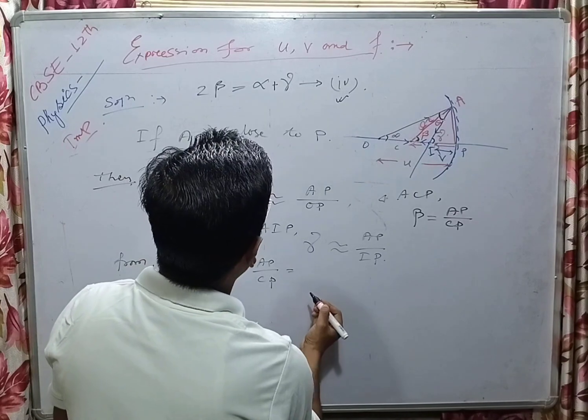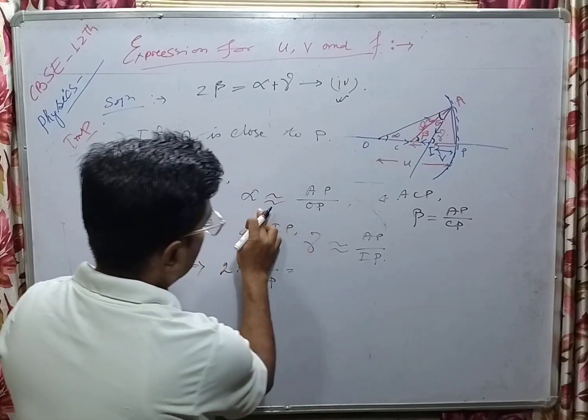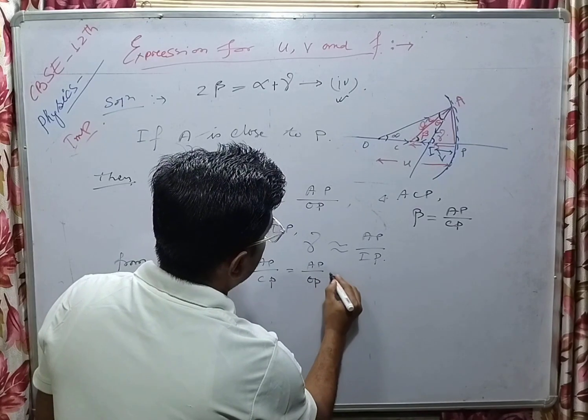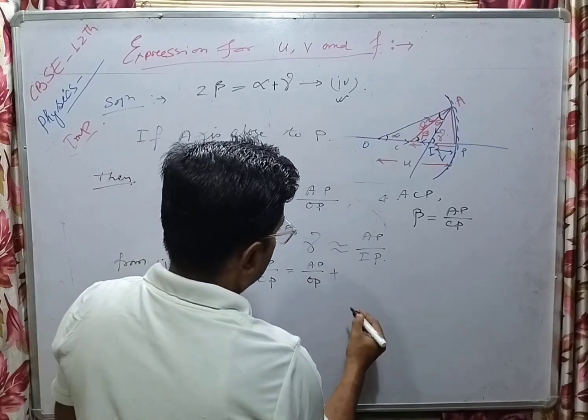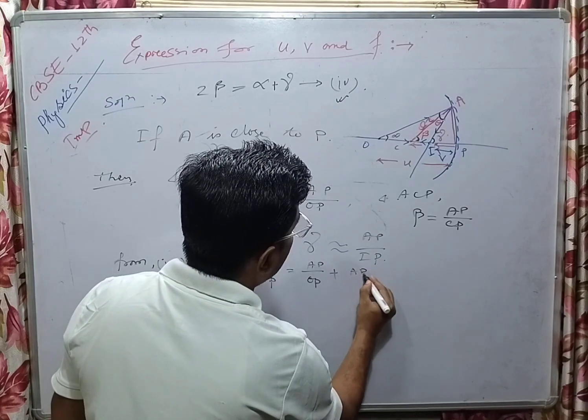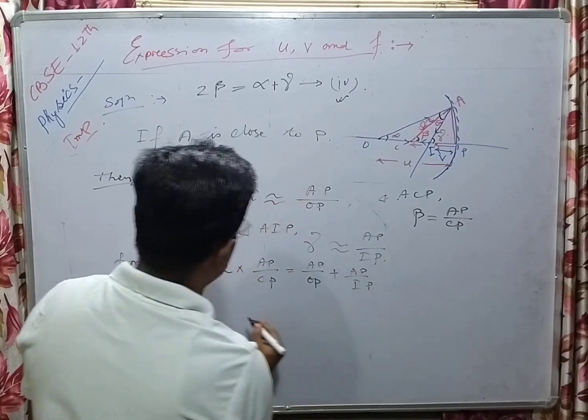Alpha is approximately equal to AP by OP, and gamma is approximately equal to AP by IP.